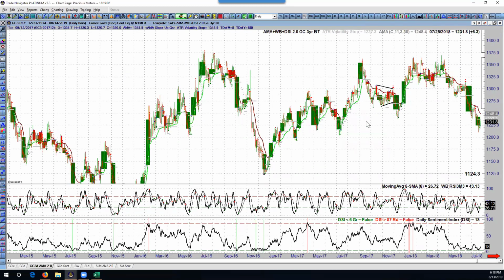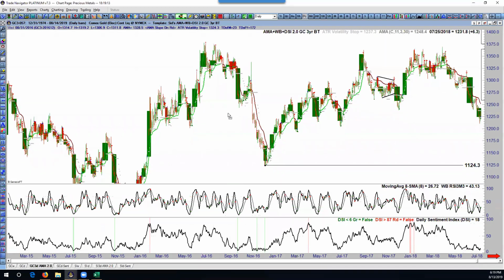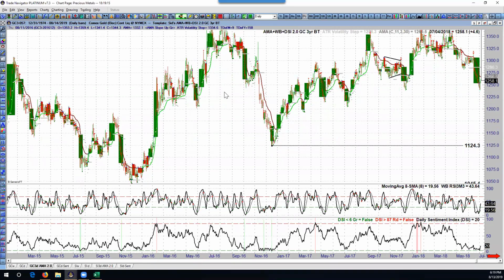Since I'm using a 3-year back test, it's only looking back now through about July, August. So it only looks about to this top right here on its back testing when it figures out what thresholds to use on the DSI, for instance.